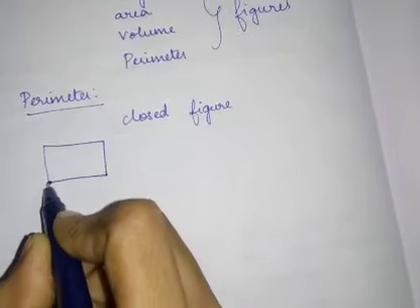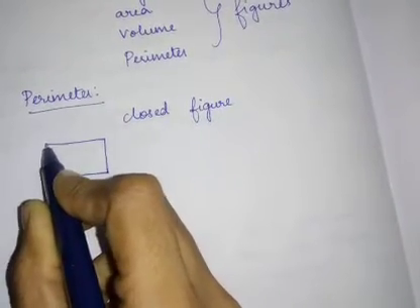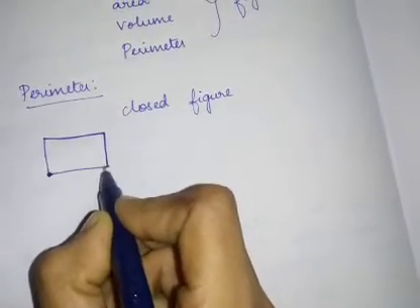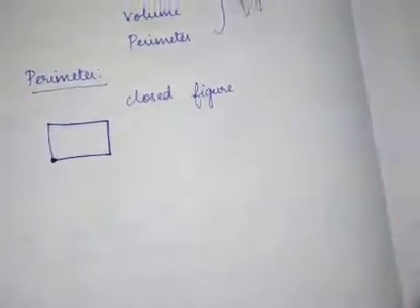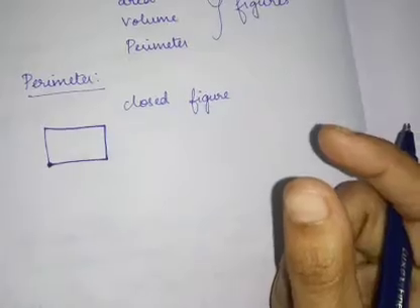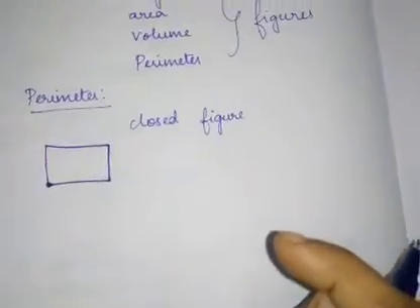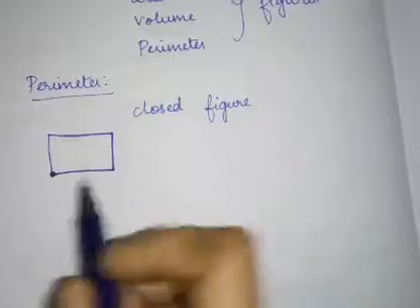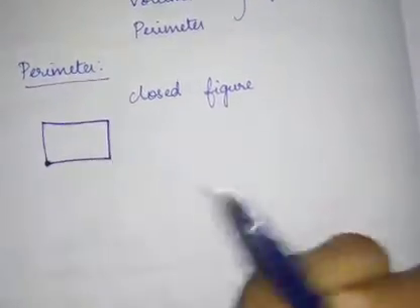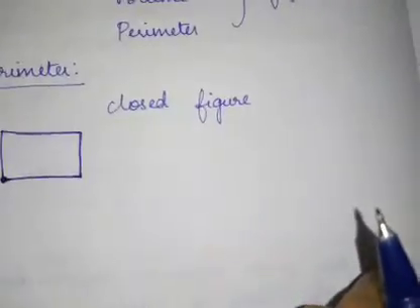Here I am starting, I am going like this, like this, and coming back, and again I am joining at the starting point. If the starting point and the ending point of a figure are the same, then that figure is a closed figure. I start and I end at the same point. So this figure is a closed figure because it doesn't have any gap. So this is your closed figure.